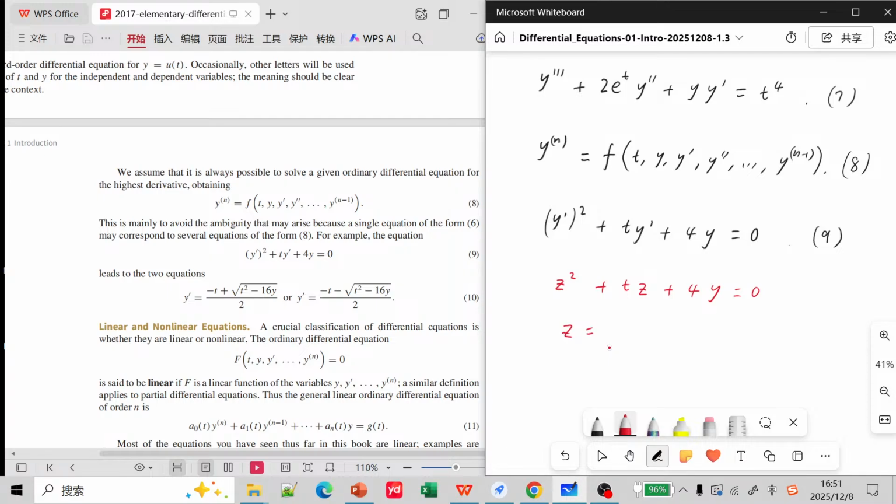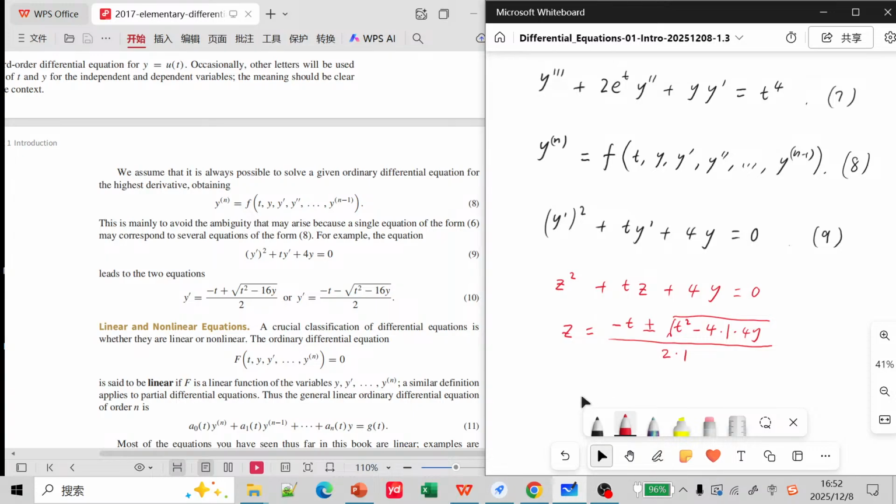z should be (−t ± √(t² − 4·1·4y)) / (2·1).